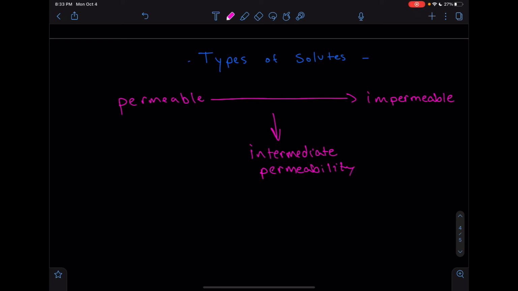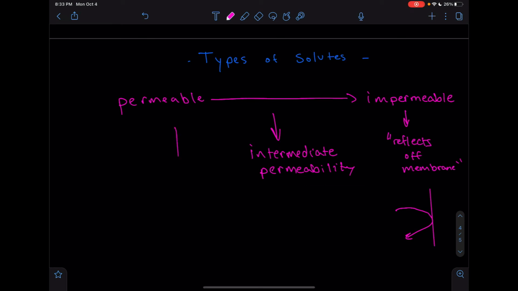So if something's permeable, it could just cross right through the membrane. Something that's impermeable just can't cross the membrane no matter what. Another way to call this is it just reflects off the membrane, as if we had the membrane right here, and the solute comes, and then boom, it just bounces off. It reflects off of it.